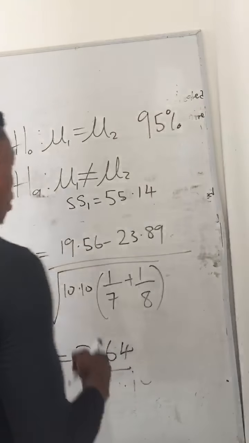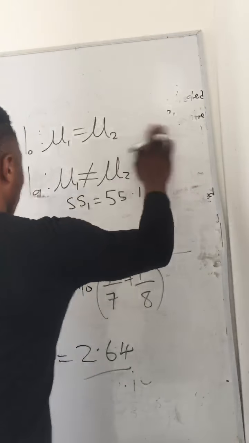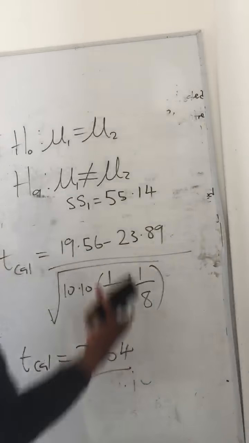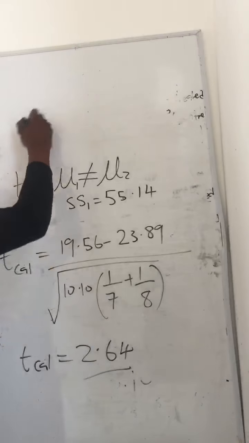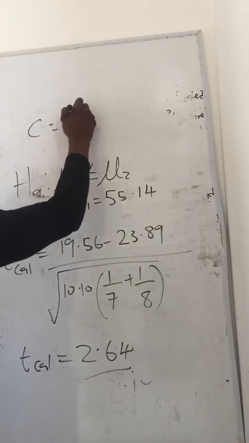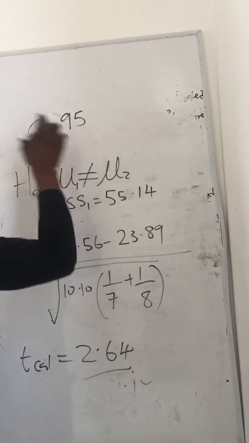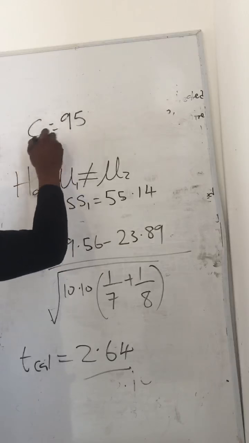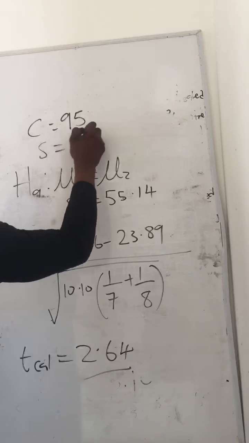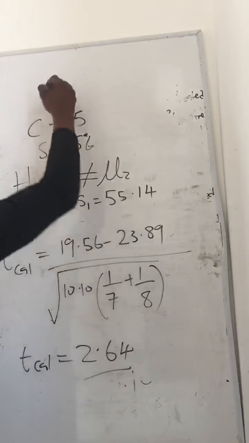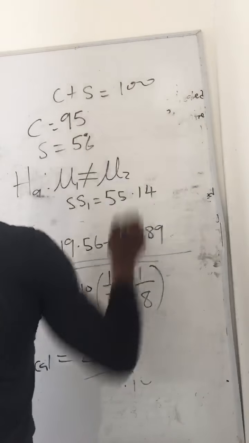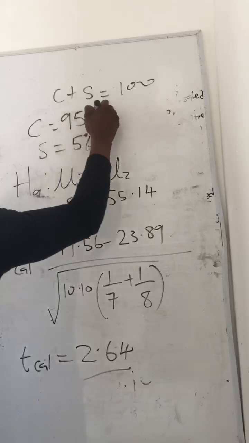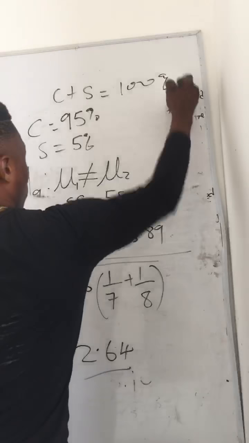So remember, if C is 95%, which is our confidence, then significance will be 5%. We said that C plus X equals 100. So if this is 95%, then this will be 5%.